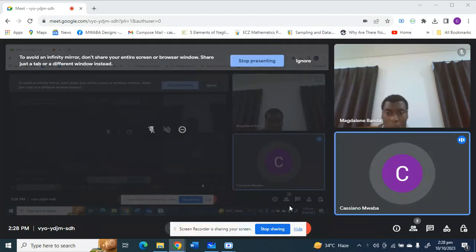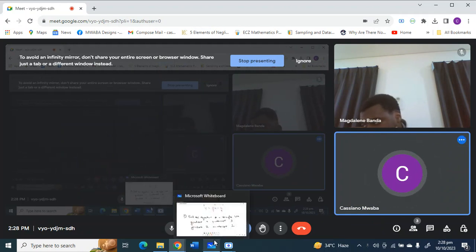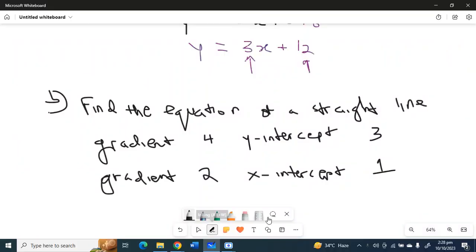All right, so now we're looking at finding the equation of a straight line using the gradient intercept form.